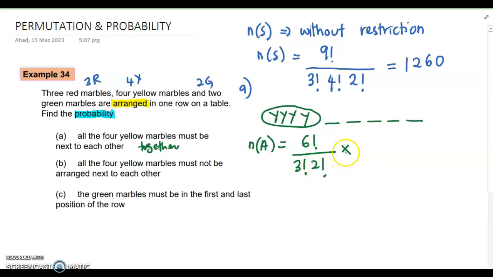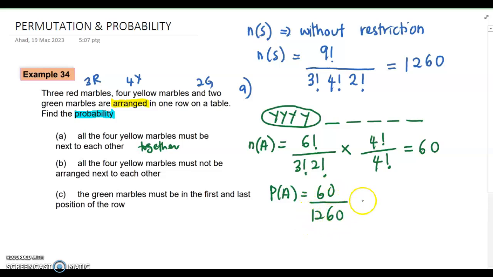And then times the 4 yellow marbles together, which are 4 identical. So we have 60. The question asks for probability, so the probability of A equals 60 divided by 1260, which is equal to 1/21. Okay, so we are done with question A.